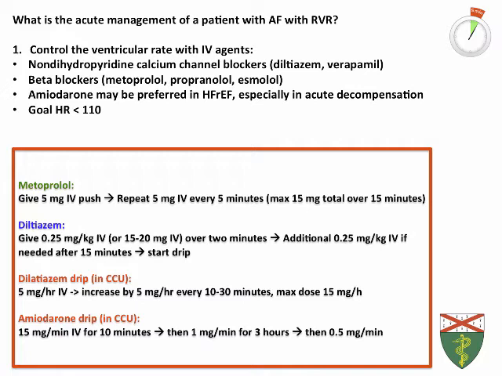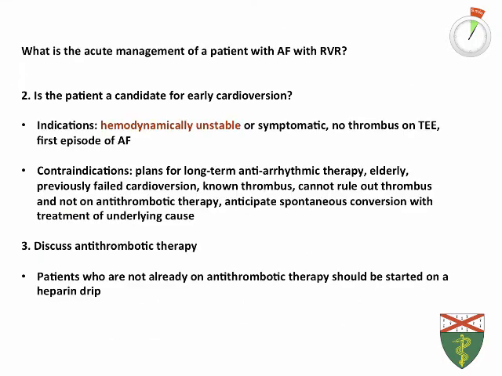The drip can be increased by 5 mg an hour every 10 to 30 minutes, up to a max dose of 15. Patients who are appropriate for an amiodarone drip can be started at 15 mg per minute for 10 minutes, then increased to 1 milligram per minute over 3 hours, and then gradually titrated down to 0.5 mg per minute.